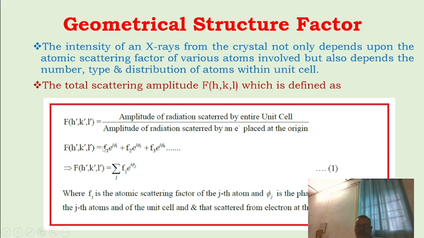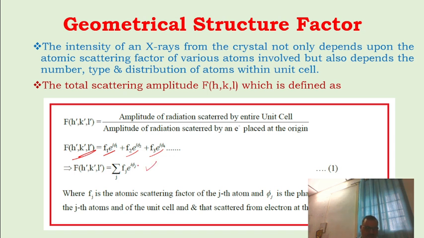So now see, in the second equation we have this one. So we can write that F(h',k',l') equals f1 exp(iφ1) plus f2 exp(iφ2) plus f3 exp(iφ3), where in generalized form we can write it as the summation over j of fj exp(iφj).